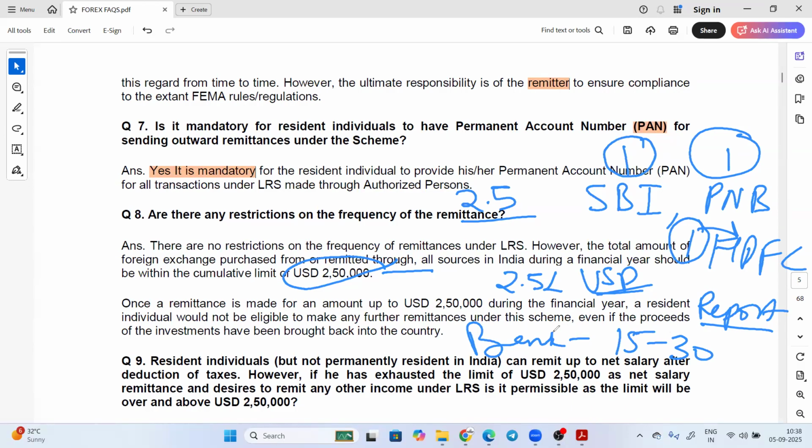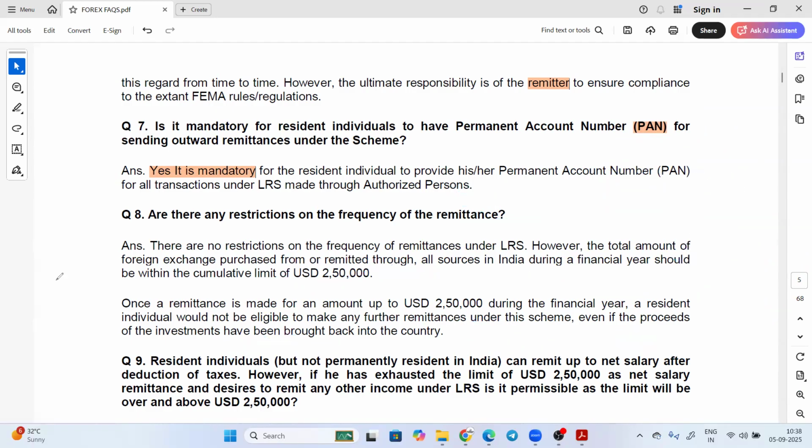Once that reporting is done and RBI gets to know that the limit is breached, they will directly issue a letter and notice and start all the proceedings. They will not wait, because whenever any person does a foreign remittance in any bank, say SBI, PNB, BOB, all the banks send the report of all foreign remittances to RBI.